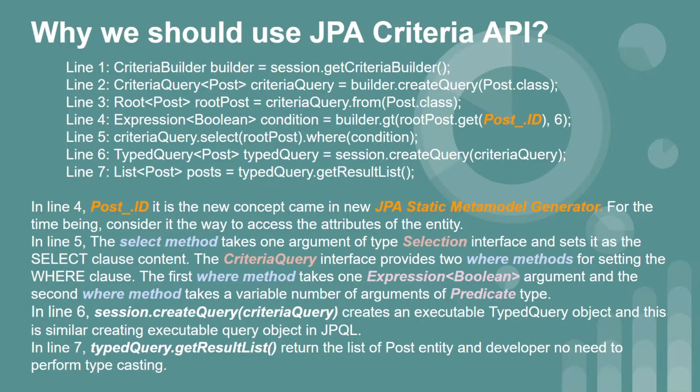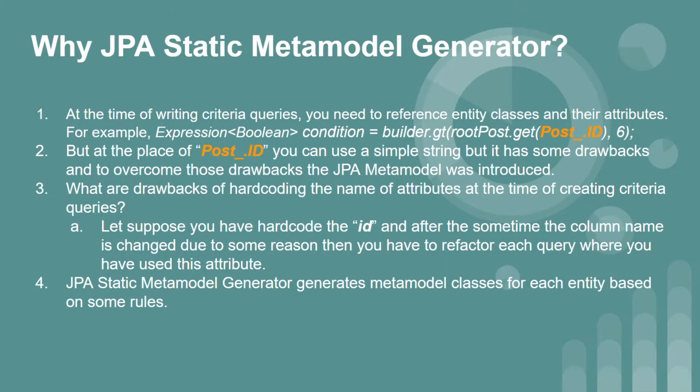Now let's focus on the JPA static metamodel generator. Why do we need it? At the time of writing criteria queries, you need to reference entity classes and their attributes.